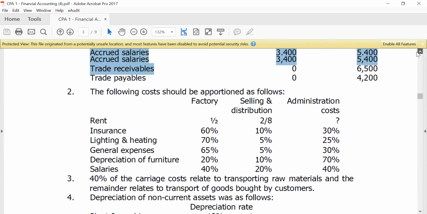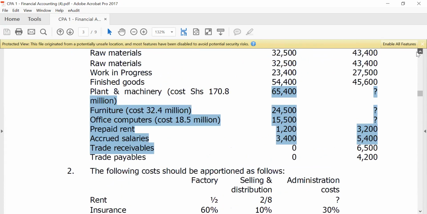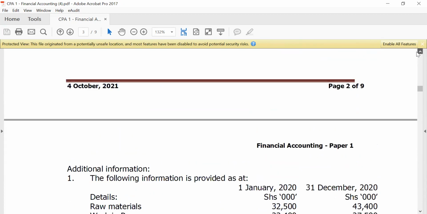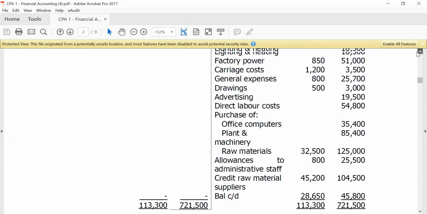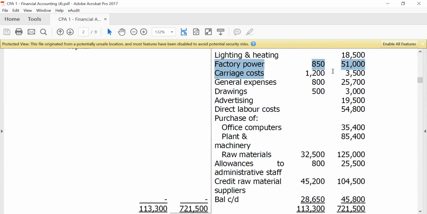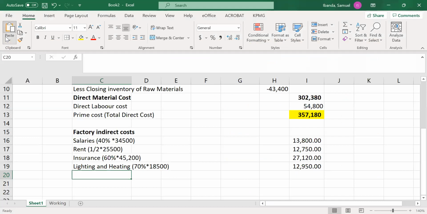So what I'll basically do is I'll go and pick that factory power cost and just add it together to determine my total cost. So factory power, I'll just add the two figures together.